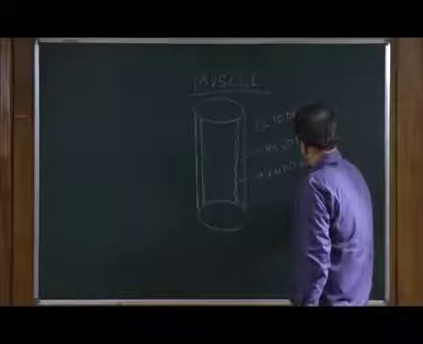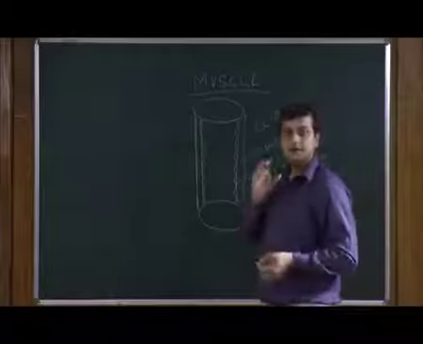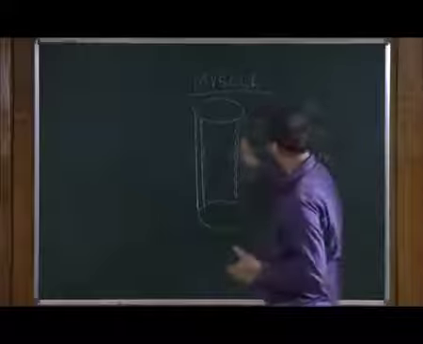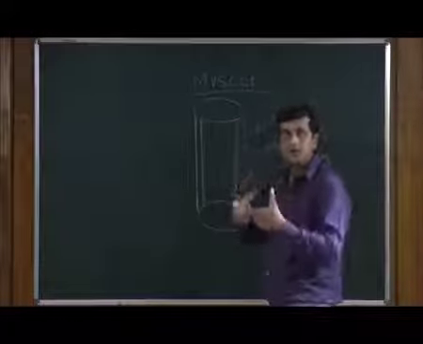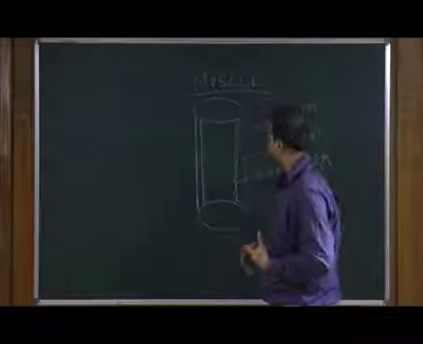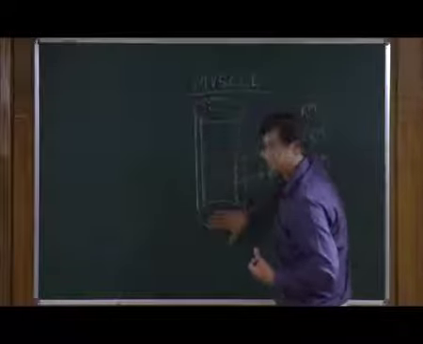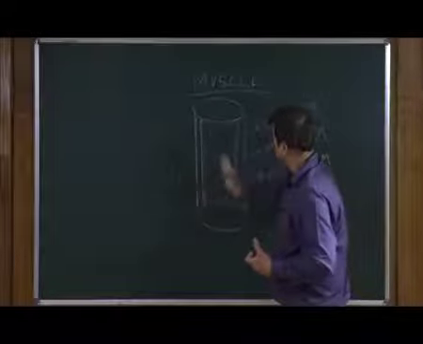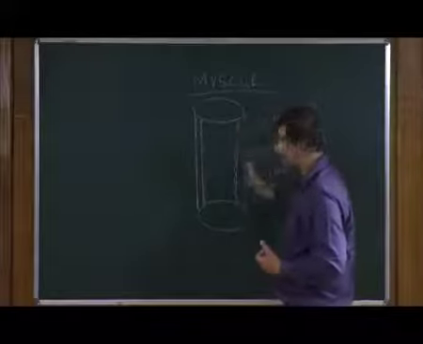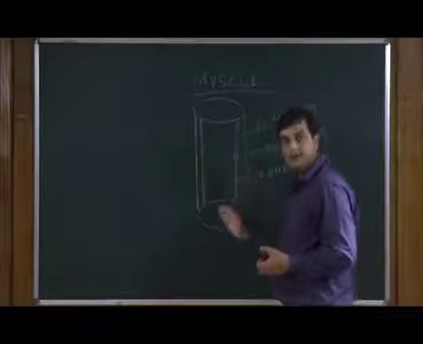So based on the location of this tube or this cavity, we can always define the whole body. We are considering the whole body like a cylinder. So this is a mouth opening and this is anus. So this whole body is now divided into ecto, outer, middle meso, and inner endoderm.